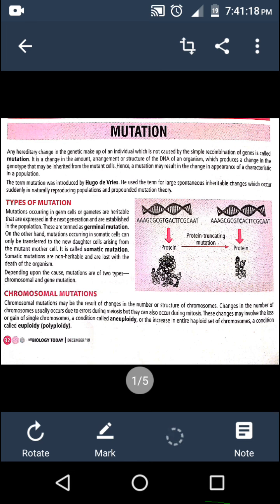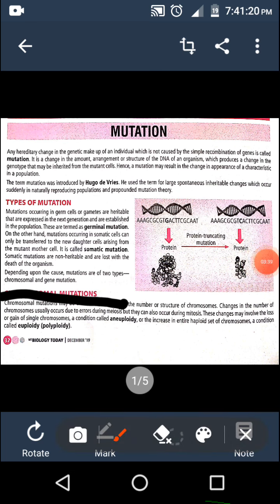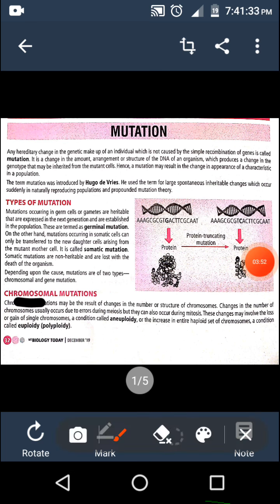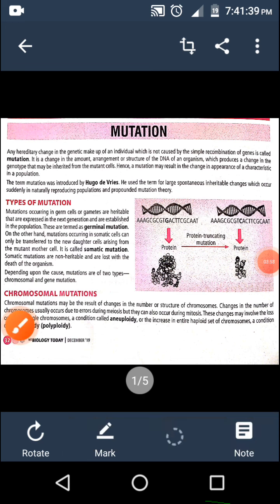The first one is chromosomal mutation and another one is gene mutation, or point mutation, we can say. Let's study in detail these chromosomal mutations and gene mutations.